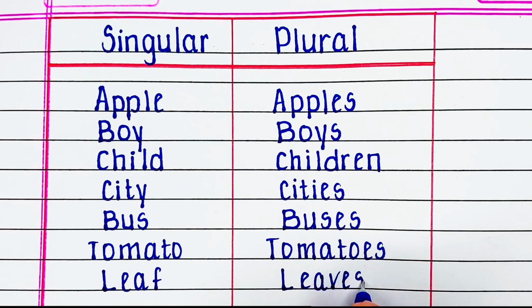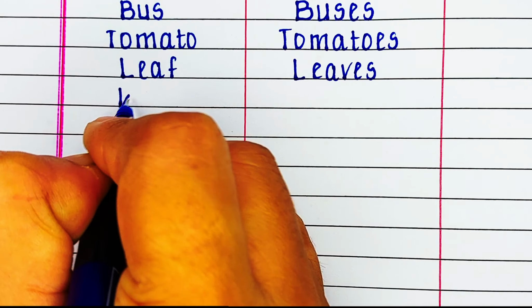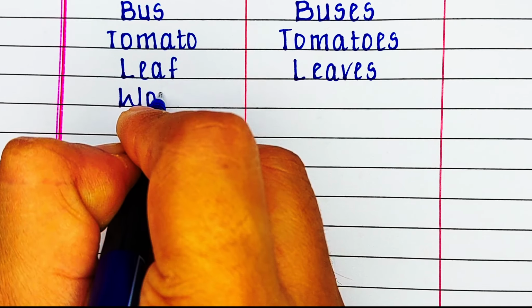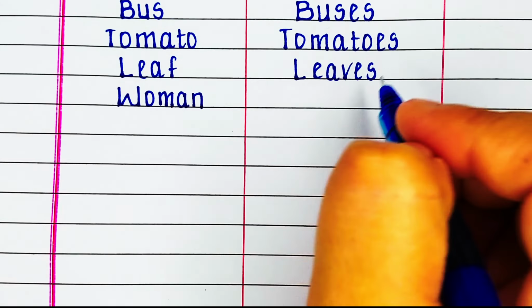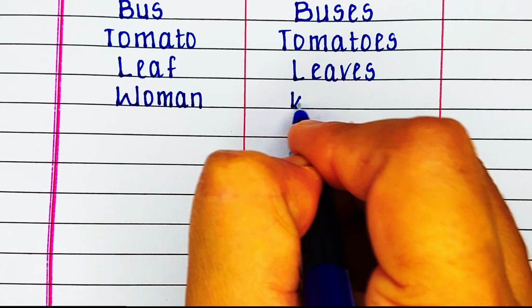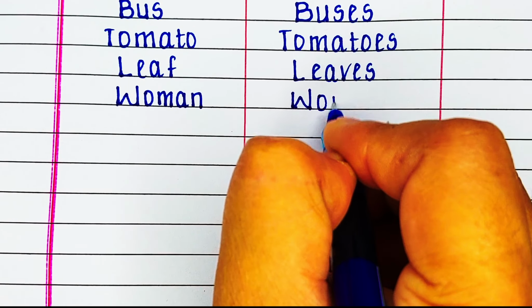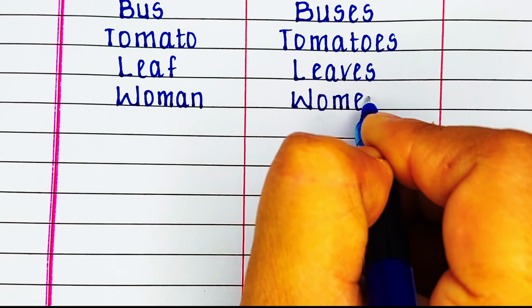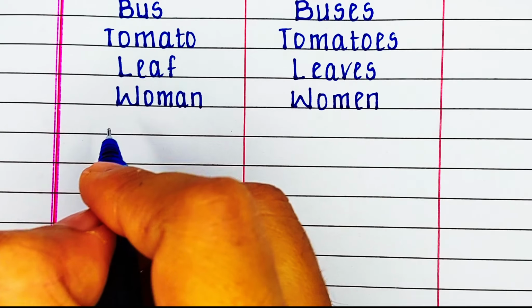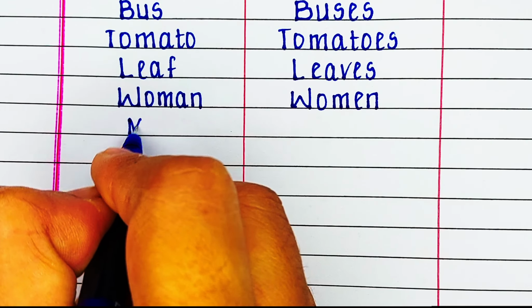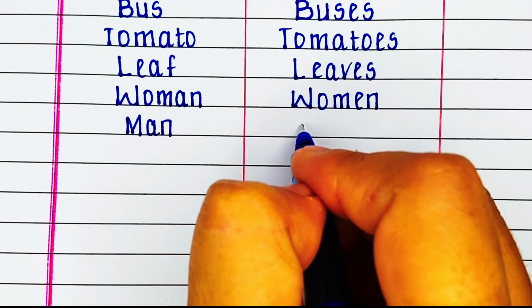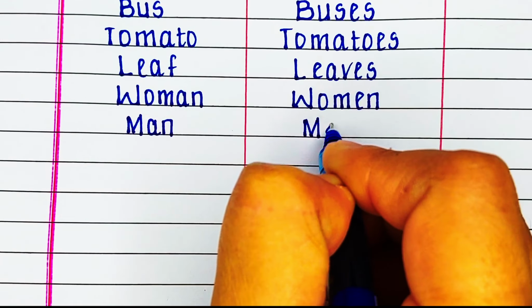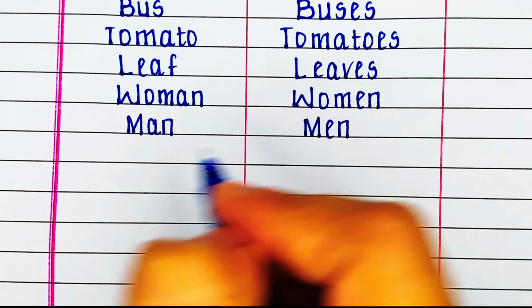Its plural is leaves. Next word is woman. Its plural is women, where we use an e instead of an a. Next word is man. Similarly, the plural of man is men with an e instead of an a.